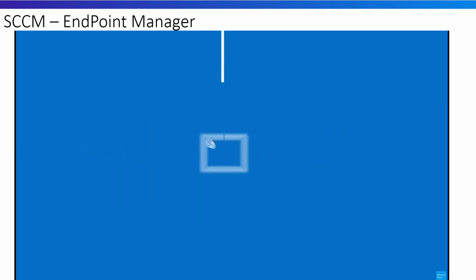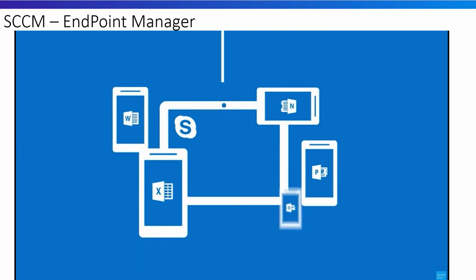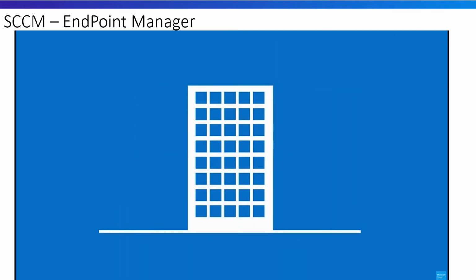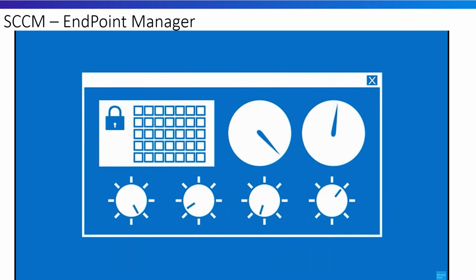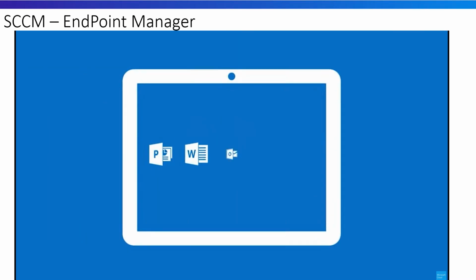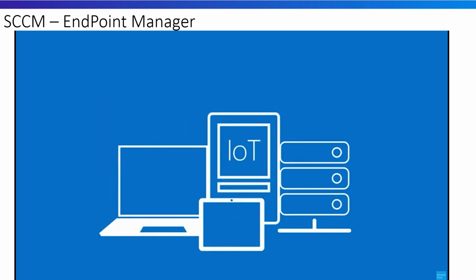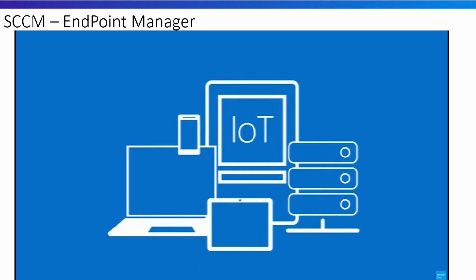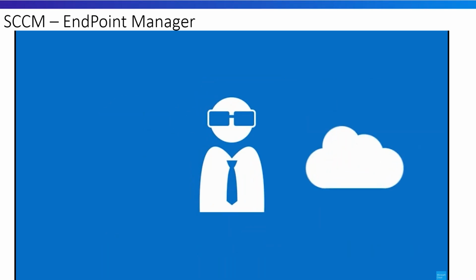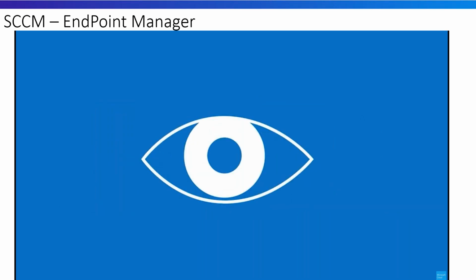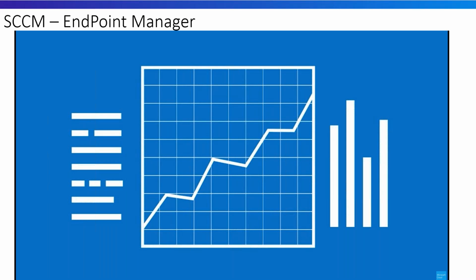Configuration Manager also enables more ways to manage all of your devices and applications in a way that works best for your organization. From a single console, you can configure and enforce security policies, deploy and manage applications, manage all PCs, servers, IoT, and mobile devices using a traditional agent, as well as via the cloud or on-prem MDM, and get insight into your environment with powerful dashboard and reporting capabilities.